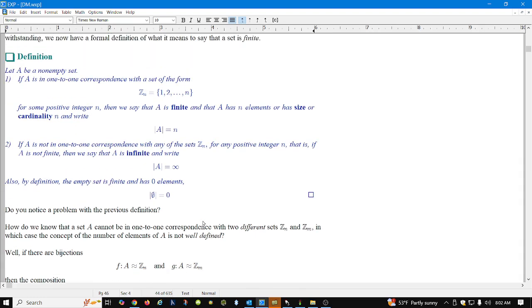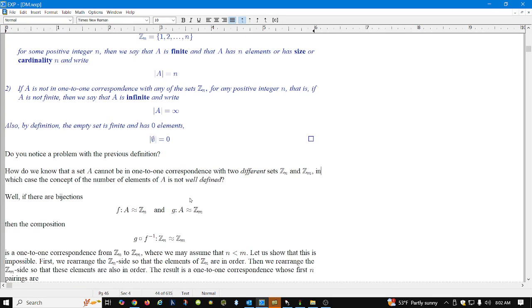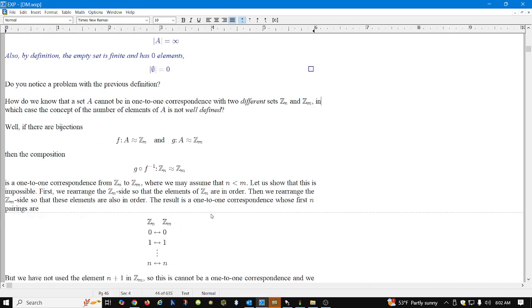I think you would agree that's not going to happen, but we have to write down a proof just to be safe. And fortunately, it's quite easy. If we have these two bijections, then this composition, F inverse followed by G, is a bijection.